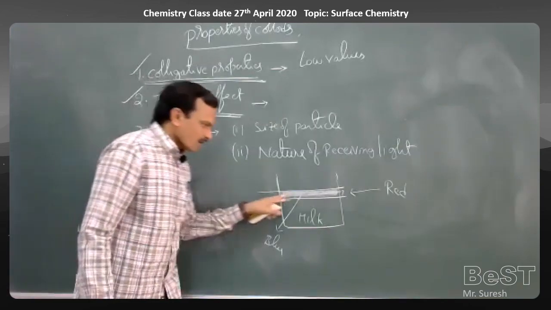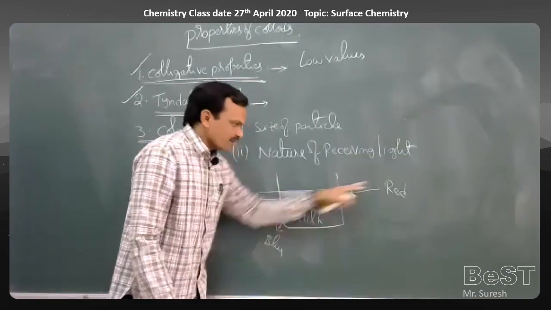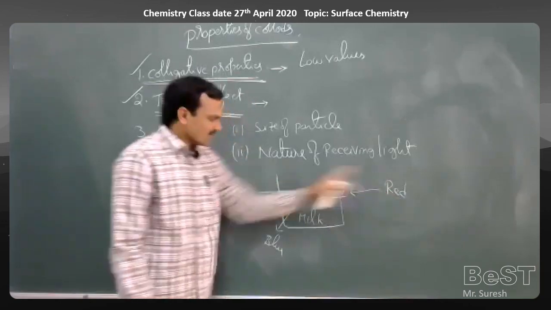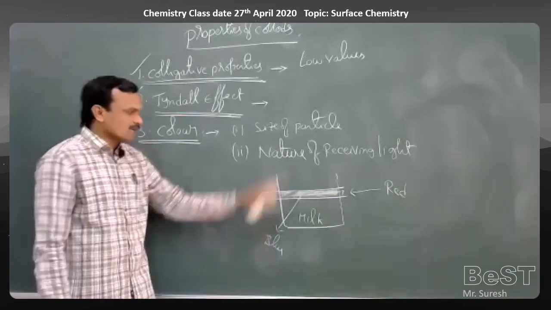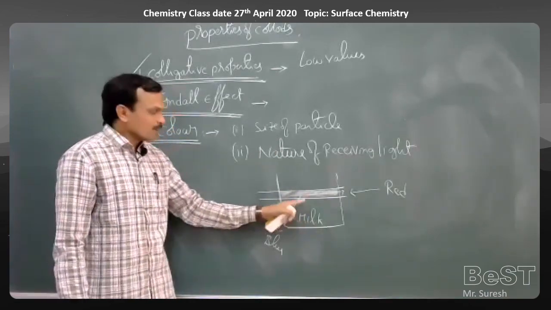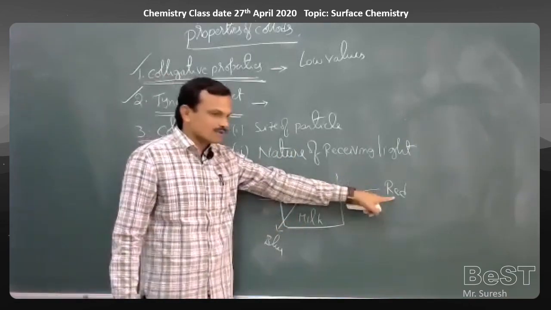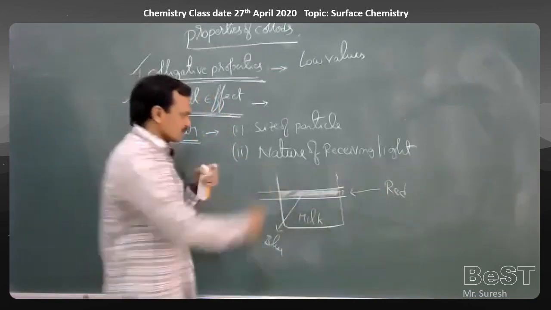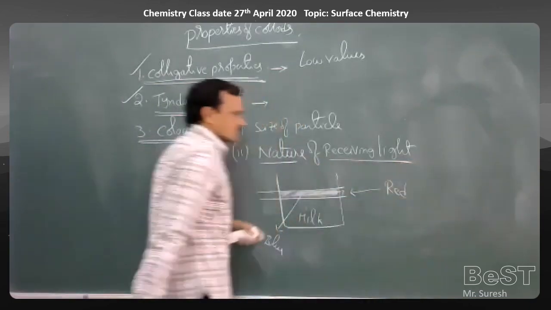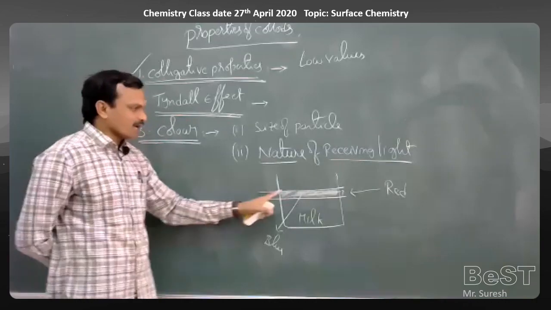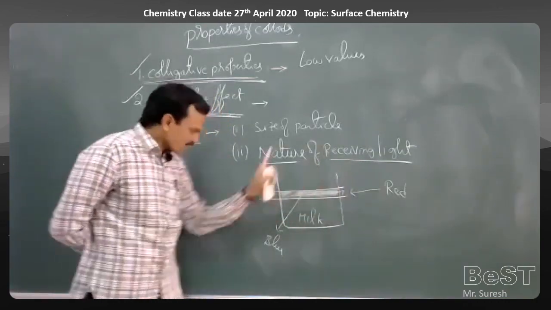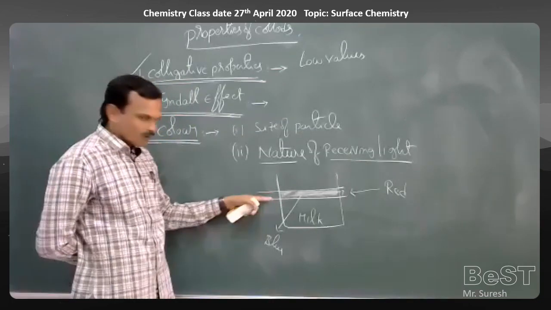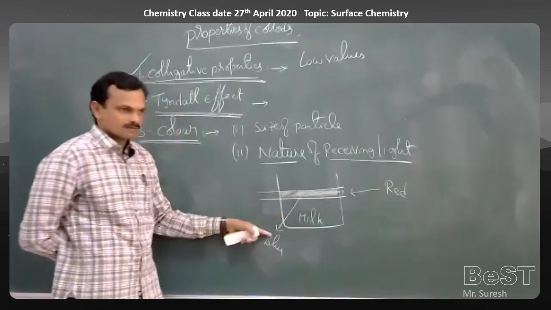That means the same colloidal solution, depending on the nature of receiving the light, can give two different colors. That is the second factor, nature of receiving light. So milk appears red if you receive transmitted light. The same milk appears blue if you receive reflected light.